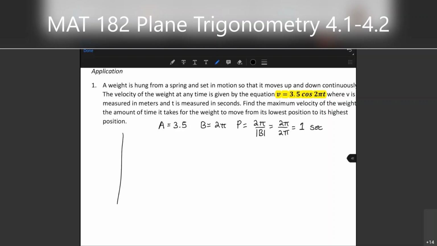And so now we can consider maybe just making a sketch of this function. I know the amplitude is 3.5. And we also know the period is 1. So if we considered making a graph into 4 sections, again, for a cosine function, we're going to do 1 full cycle of cosine in 1 second.